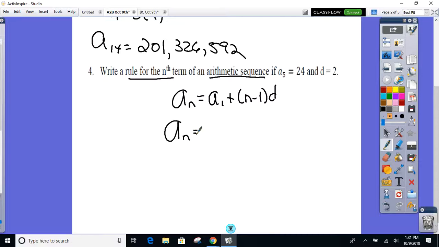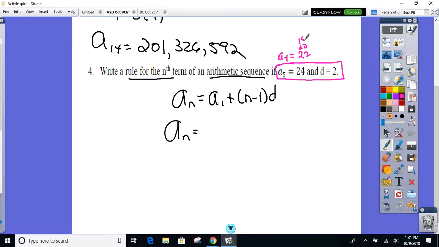I give you the fifth, but not the first. But can you use these two pieces of information to get to the first? What are you doing every time to go forward? You're adding 2, right? So to go backwards, probably want to subtract. Okay, there you go. So the fourth term would have been 22.